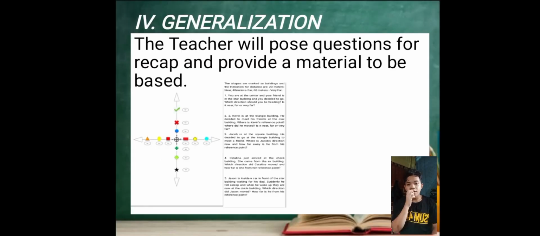Moving to the generalization. In the generalization, the teacher will provide a picture and instructional materials that can be touched, and then pose a question so that the students and the VI students can recall the discussion.